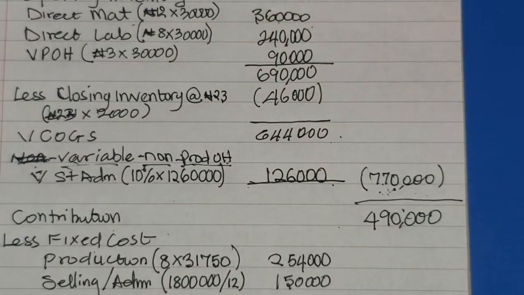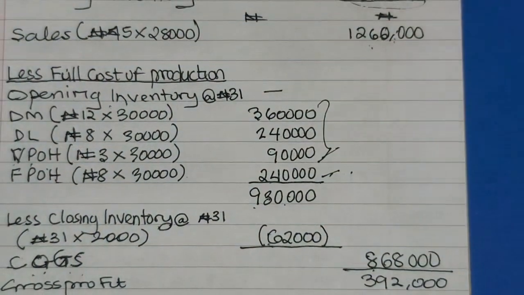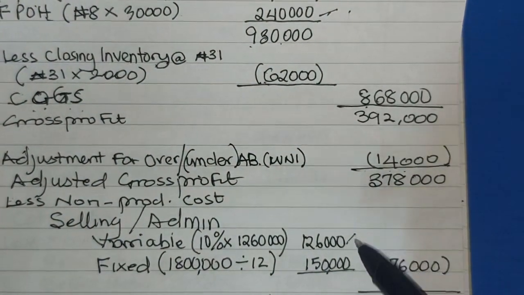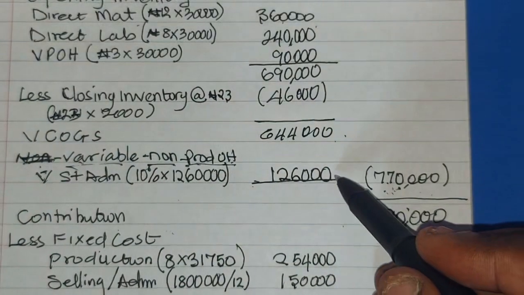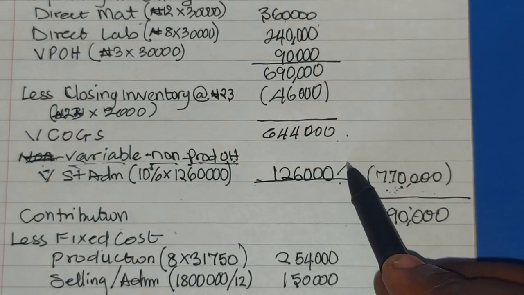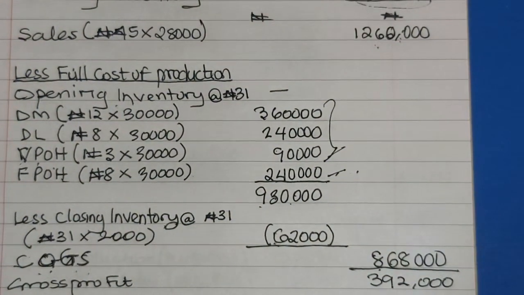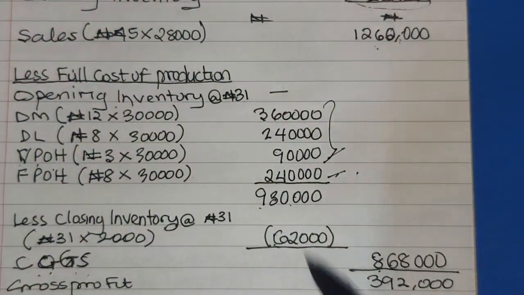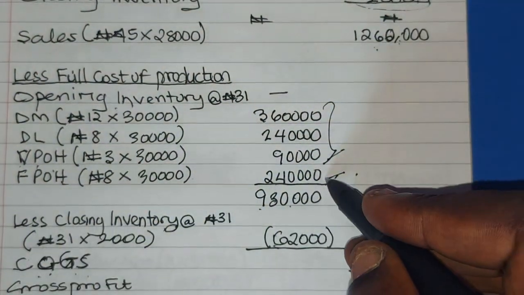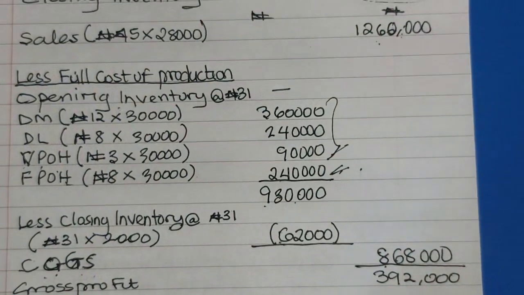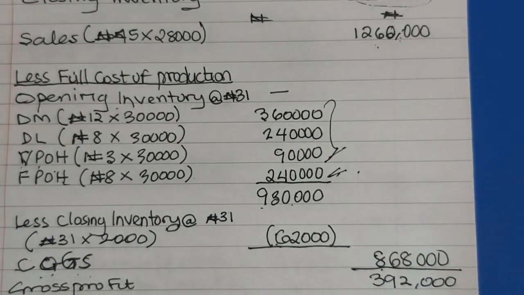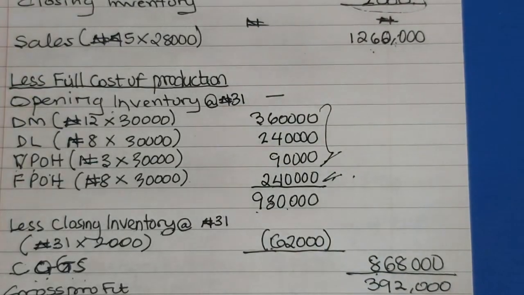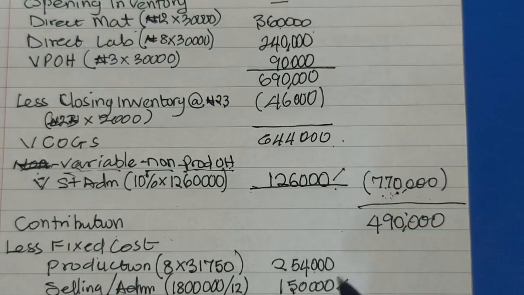Or better still, go to the previous absorption costing question and pick this one, which is variable admin, which we recognize here. Then the fixed, this 150, which we recognize here. Then for the fixed production, this 240, the absorbed, from our working notes, is what is recognized here.